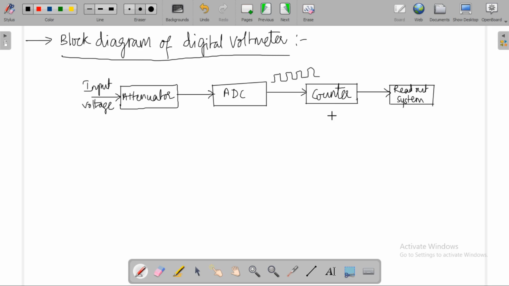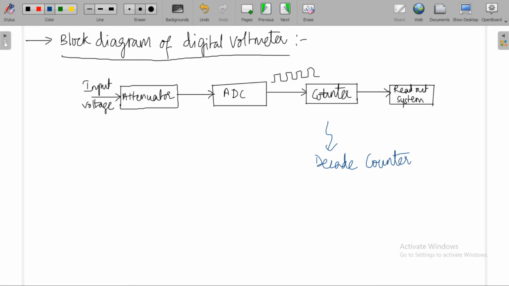And here we use decade counter. So here we are going to have a decade counter. This will count from 0 to 9. Okay, so this counter will generate BCD code. If it is counting 0, this will produce 0000 BCD code.